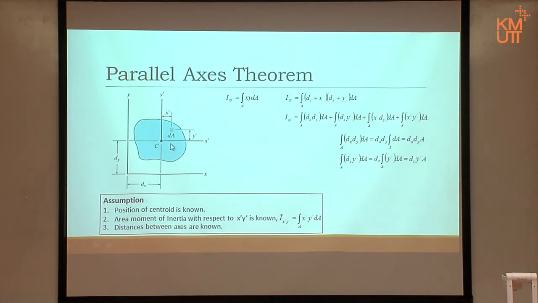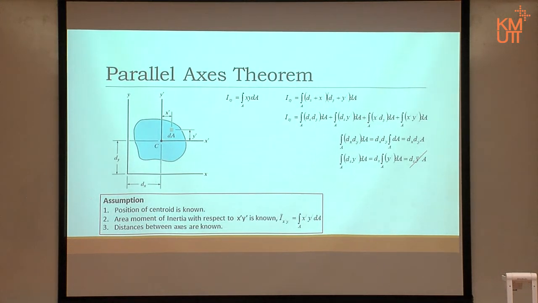This is relative to x prime y prime, right? Therefore, that will be the measurements in the y direction, the distance between x prime and the centroid. But because x prime is on the centroid, therefore y bar dash doesn't exist or is 0. So that term, the whole term becomes 0.